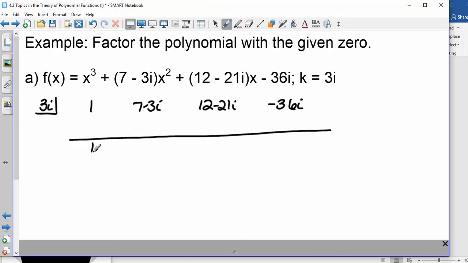So 1 comes down. 1 times 3i is 3i. What happens when you add? You get 7. 7 times 3i is 21i. Add, you get 12. 12 times 3i is 36i. Add, and we get 0.